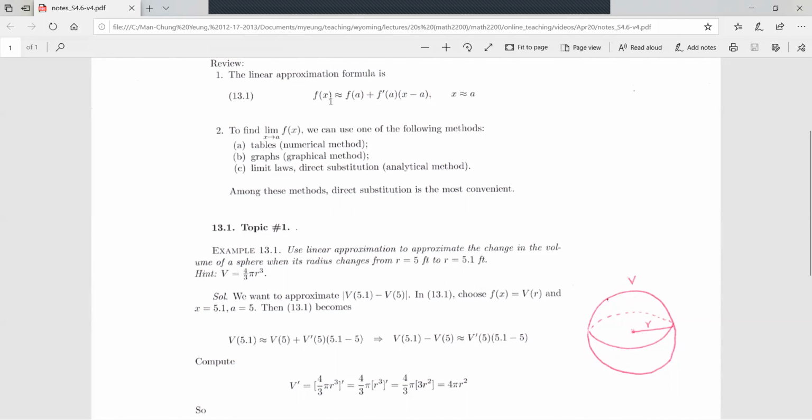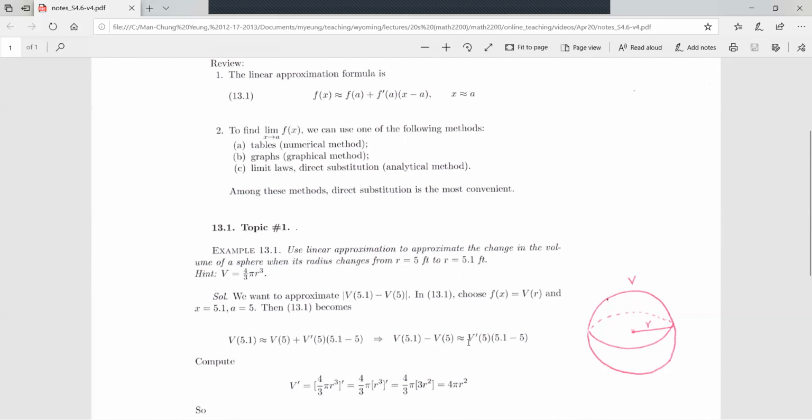Now for the point X, we choose 5.1 for X and 5 for A. Now plug this information into the formula, then we get volume at 5.1 is approximately equal to volume at 5, f of A, then derivative at 5 times X minus A, 5.1 minus 5. Move V of 5 to the left-hand side, then we get this approximation.